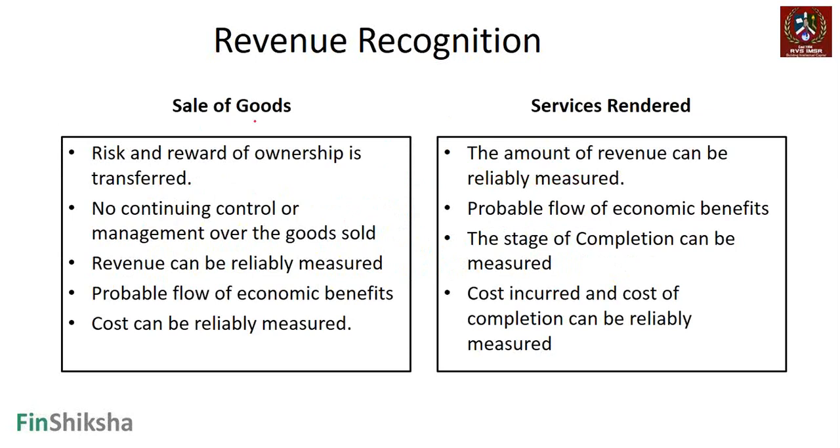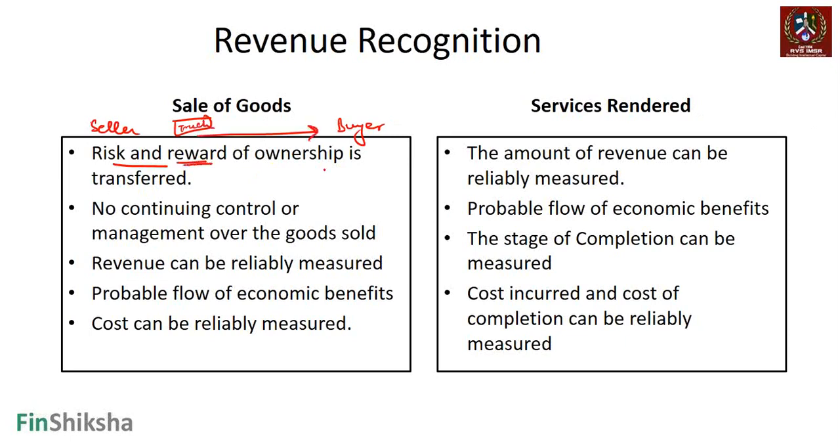So, sale of goods and sale of services. In the case of goods, revenue is earned when the risk and reward of ownership is transferred. As soon as the ownership is transferred, that's when it is assumed. When we say risk and reward, for example, there is a seller who is selling goods to a buyer, and a truck, a container of goods, is being transferred, right?